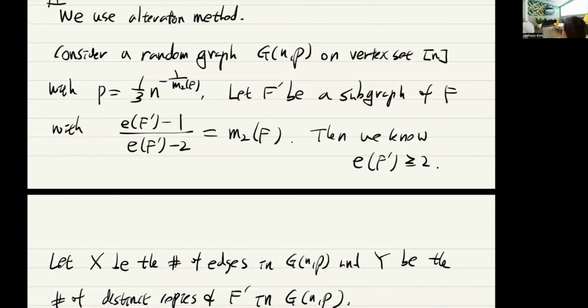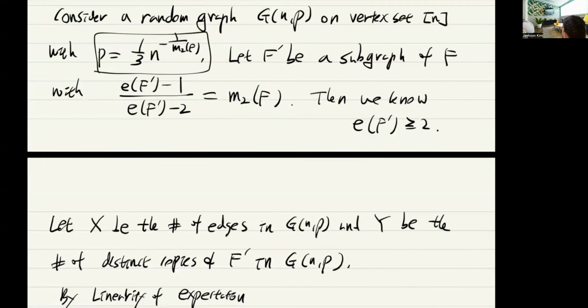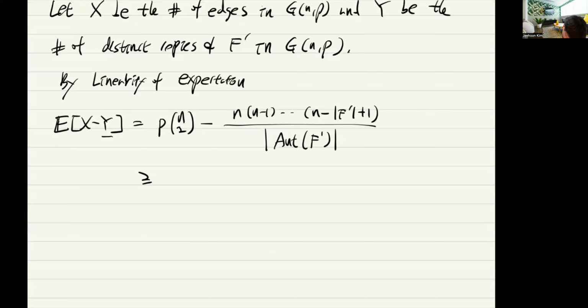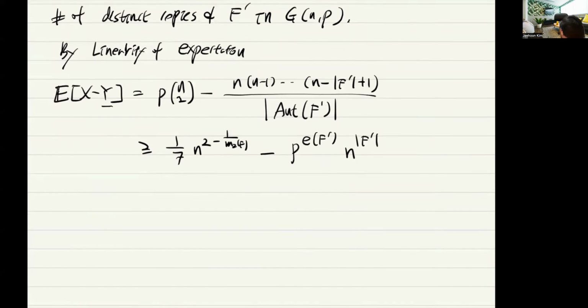And as we let p be this number, and assuming n is large, this is at least like 1 over 7 times n to the 2 minus 1 over the 2-density of F, minus p to the number of edges in F prime times at least n to the number of vertices in F prime.